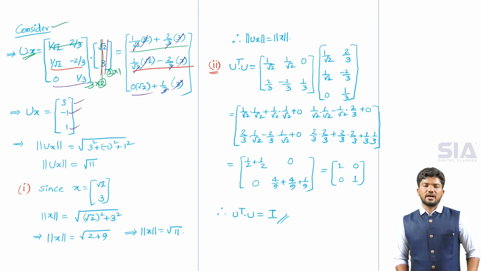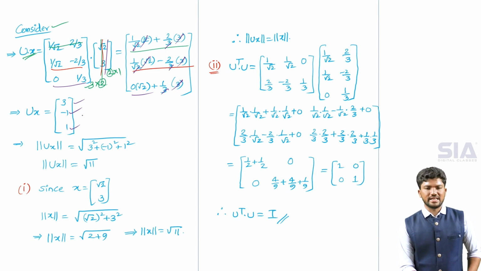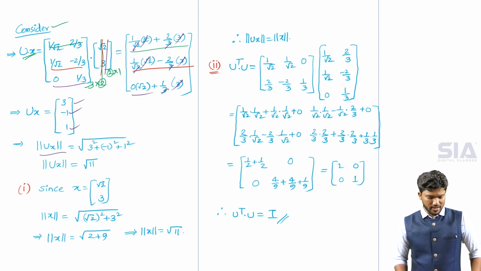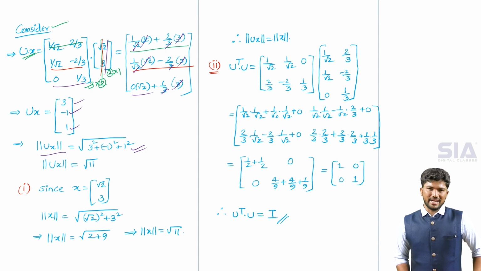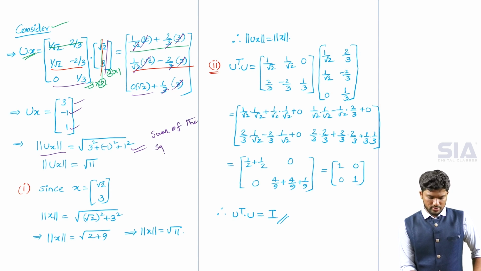That is the vector. For that vector, if you find the norm, the length of that vector, norm Ux is equal to the direct formula: under root of the sum of the squares of the entries in that column matrix.